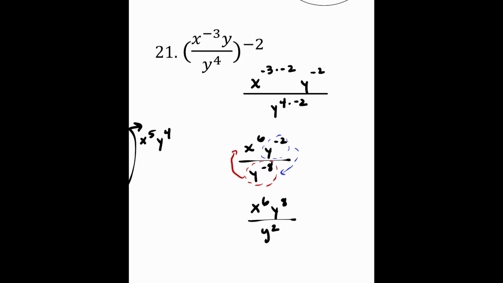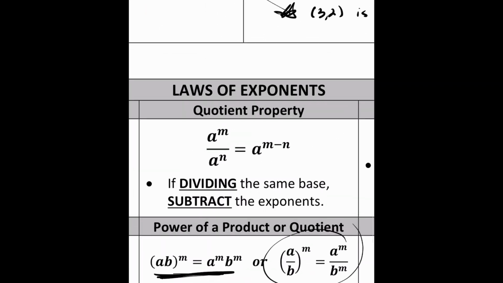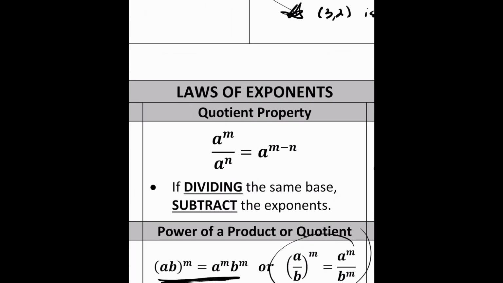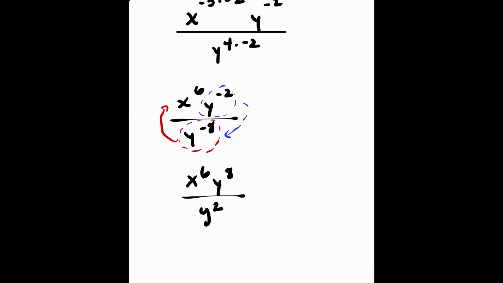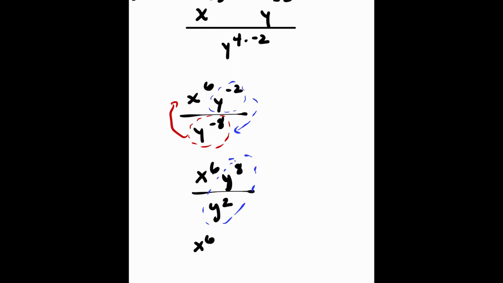Now, if you're dividing the same base, you're subtracting the exponents. Notice that we have a y base up top and a y base down below, so I need to subtract these exponents. So we have x to the 6th times y to the 8 minus 2. And this is your answer.